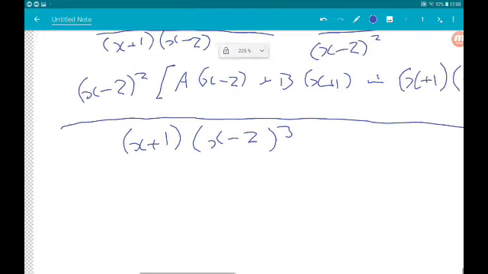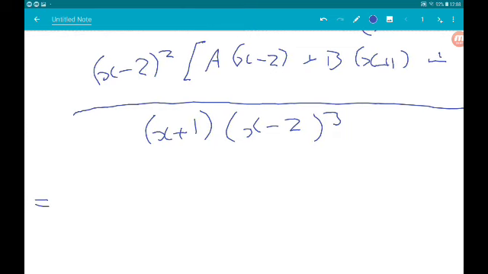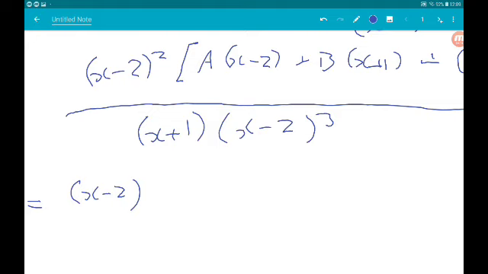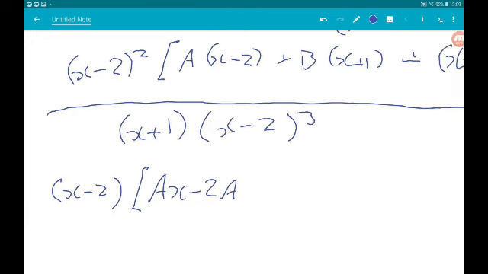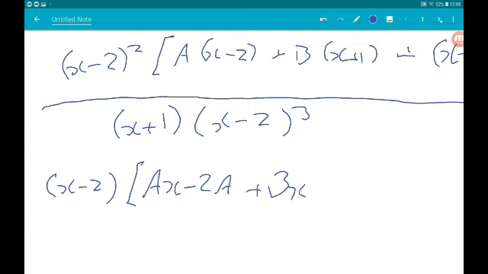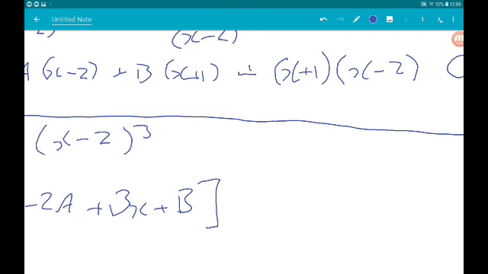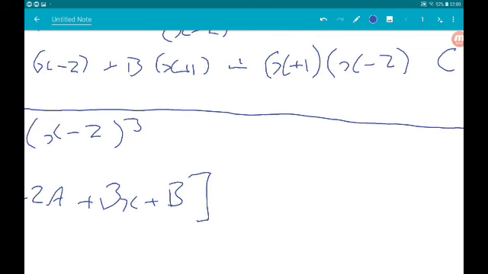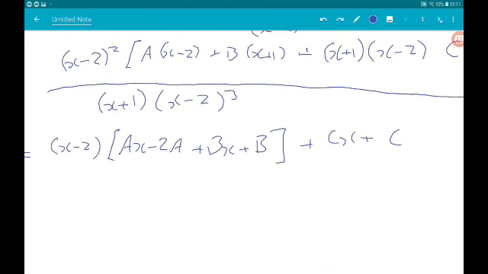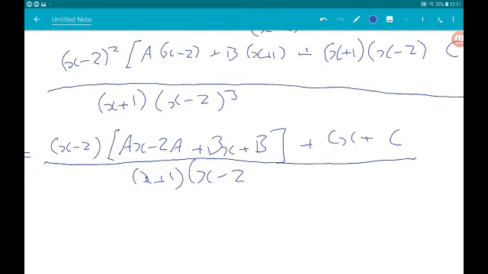So we are going to get x minus 2 times, I'm going to expand the brackets in here as well, so we're going to get Ax minus 2A and then Bx plus B, and then over here now we've just got x plus 1 times C, so we get plus Cx plus C, and that is all over x plus 1 times x minus 2 squared.